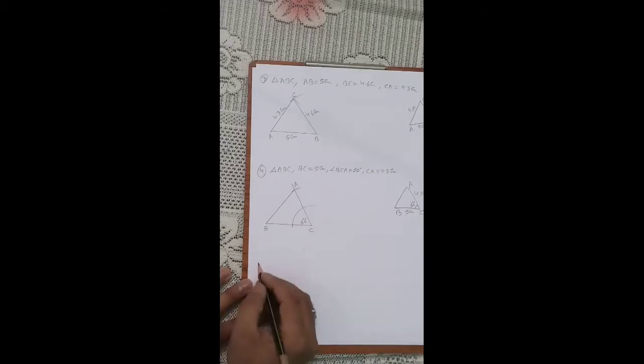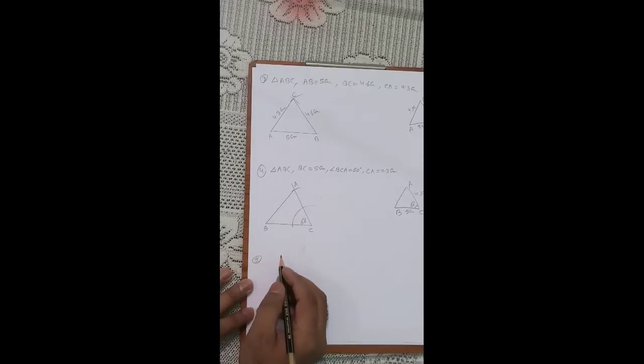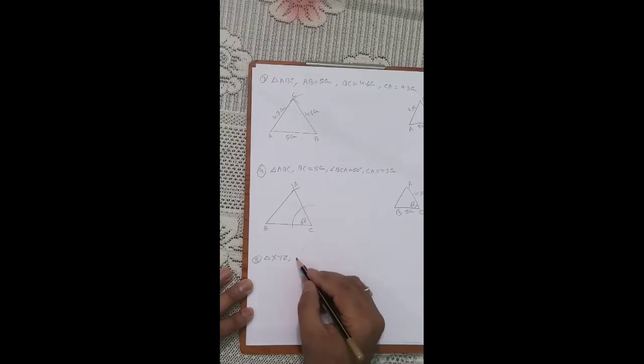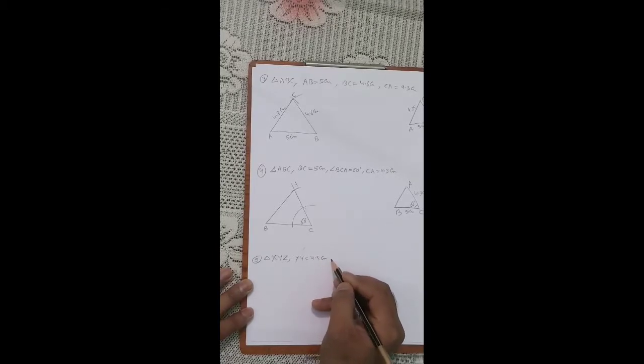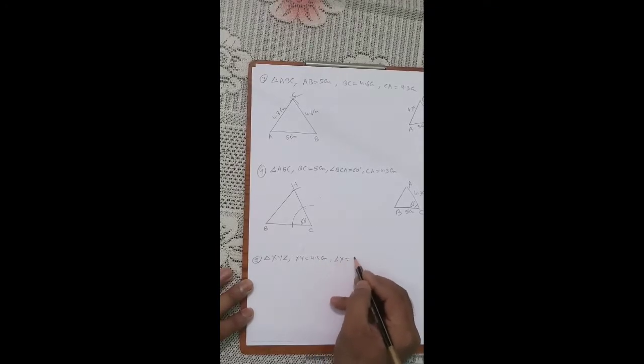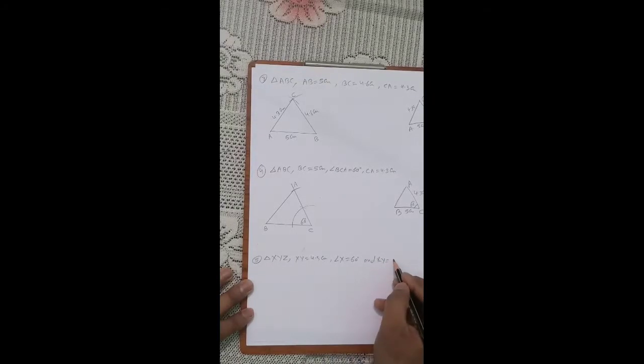Okay, now we are going to learn another triangle in which two angles and one side are given. See this, suppose we have to draw triangle XYZ, in which XY is equal to 4.5 centimeter, angle X is equal to 60 degree and angle Y is equal to 45 degree.